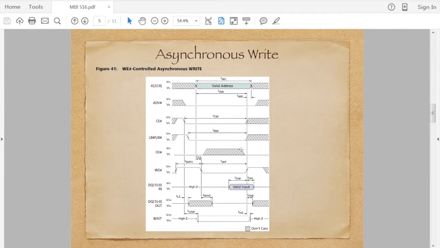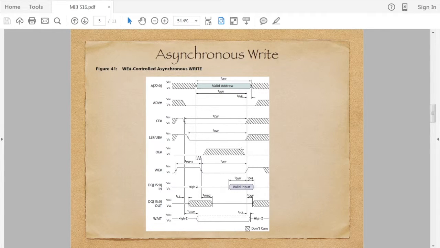So OE# is a low active read. What they're saying is you don't need to use the read when you're doing a write. And the write, where it says T sub WP, that's the write pulse. And then we have the data. We're sourcing the data when we're doing a write, and we are sourcing the address when we do a write.